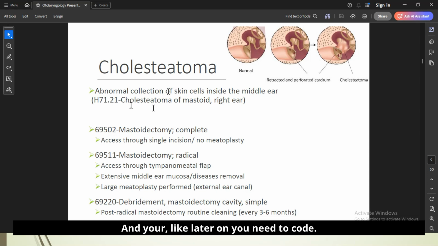So based on your laterality, you need to code. This code is for the right ear. Mastoidectomy complete, 69502. So mastoidectomy. Basically using the mastoidectomy procedure, the surgeon will remove the mastoid cells or mastoid bone, which is the bone present along with the ear, at the backside of the ear.